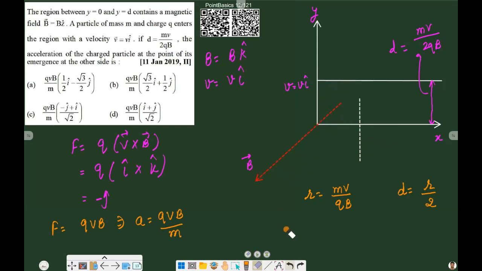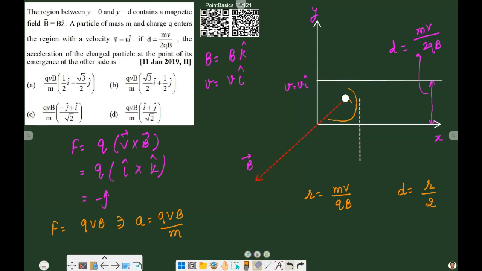As our radius is greater than this slab thickness, even if the particle enters at this point, it will not be able to complete a full circle here, because the thickness of the magnetic field region is less than the radius. Now, as I already mentioned, it is not stated in the question at which point we are entering. So we assume that we are entering at one corner, and then we will be able to take the maximum effect of the magnetic field, or maximum possible rotation.